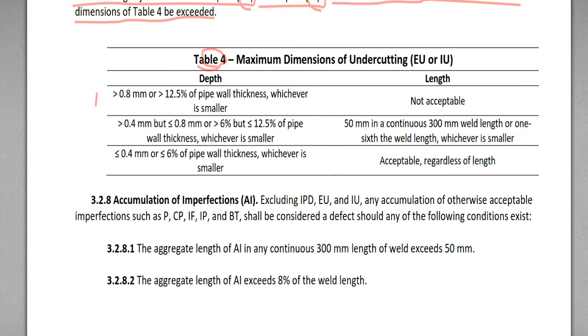So this is condition number 1, condition number 2, condition number 3: depth of the undercut and length of the undercut.